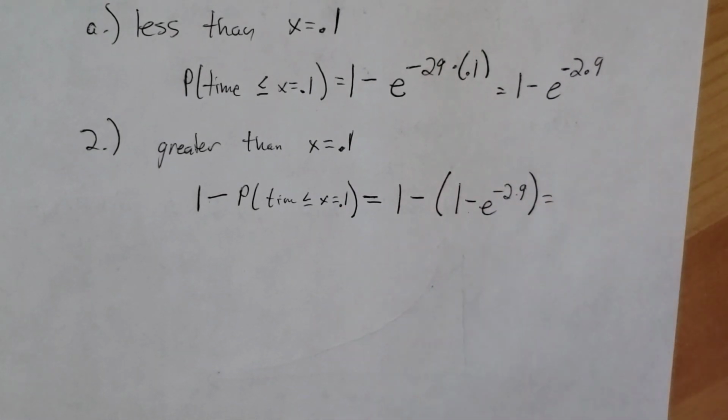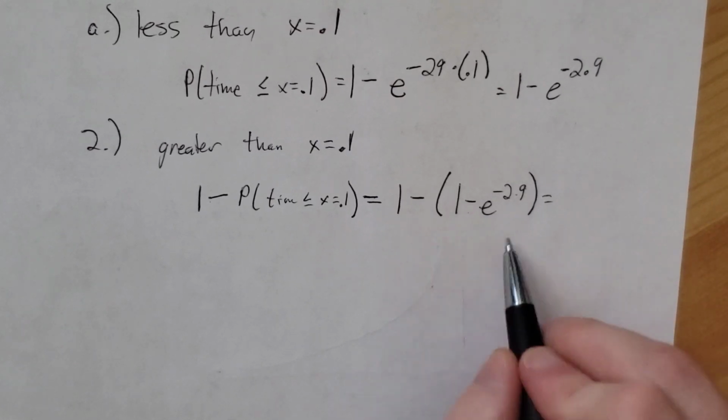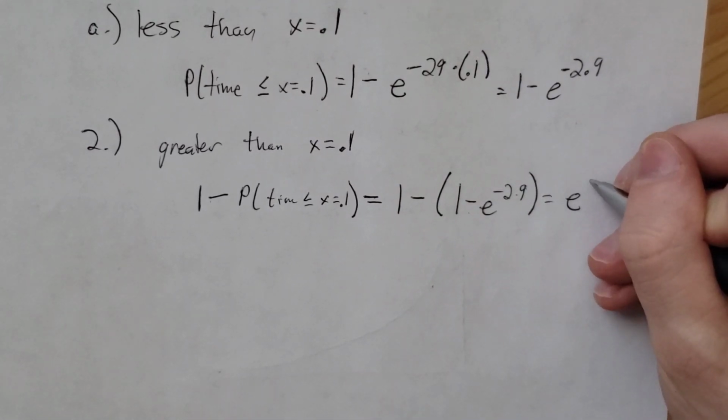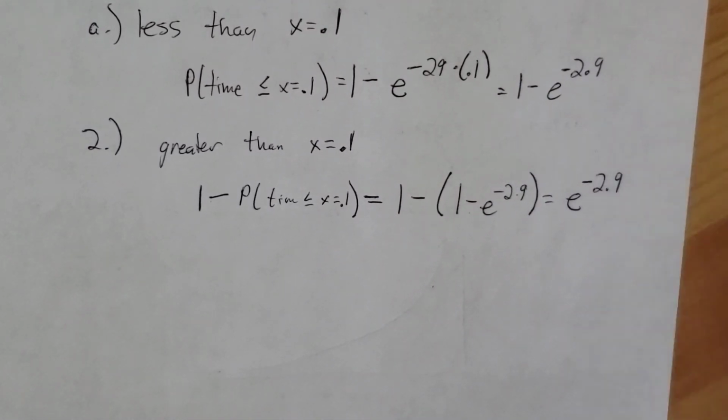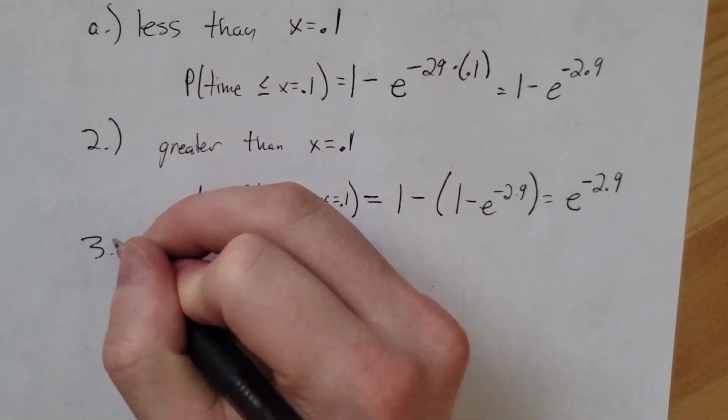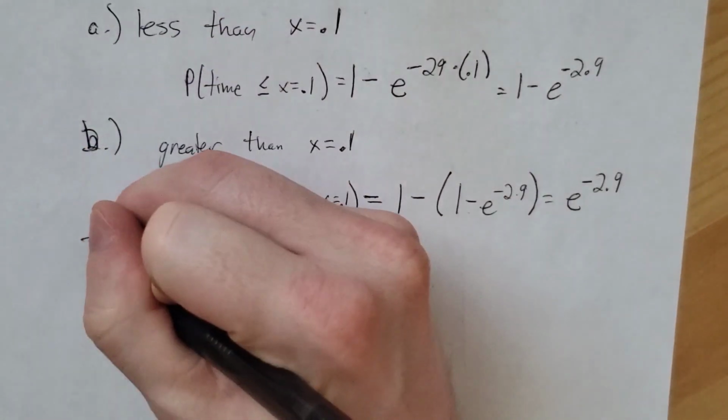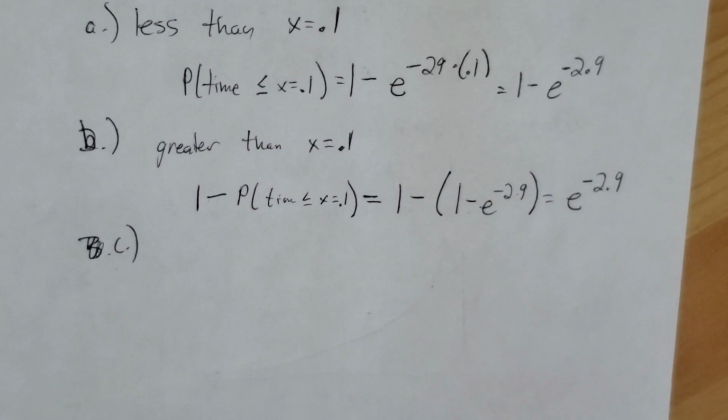Minus a negative makes that a positive, so this is just e to the negative 2.9. And again, you can just plug that into a calculator if you want the decimal version. Whoops, I said example 2 there. I meant B and C.